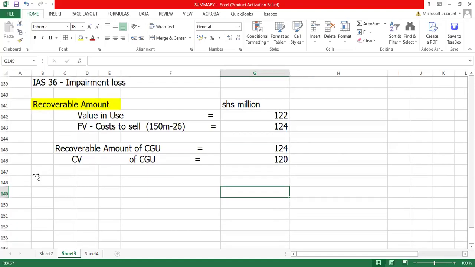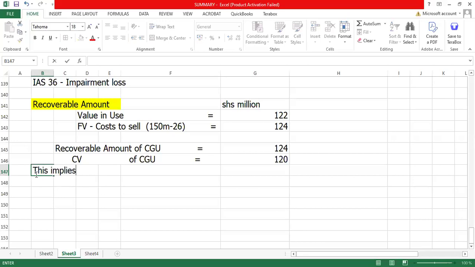So it means that the CGU is not impaired. So there is nothing to recognize as impairment loss.